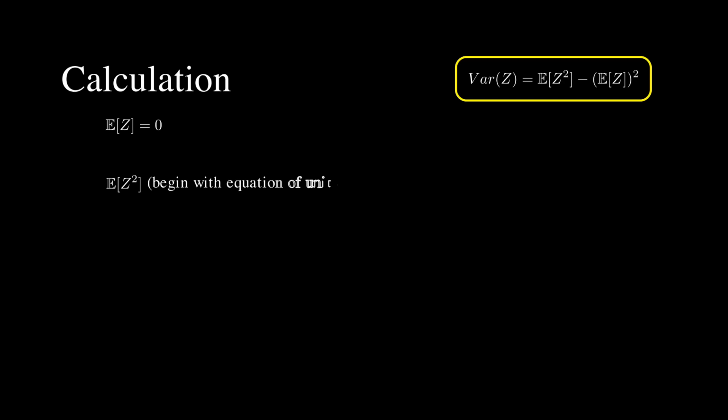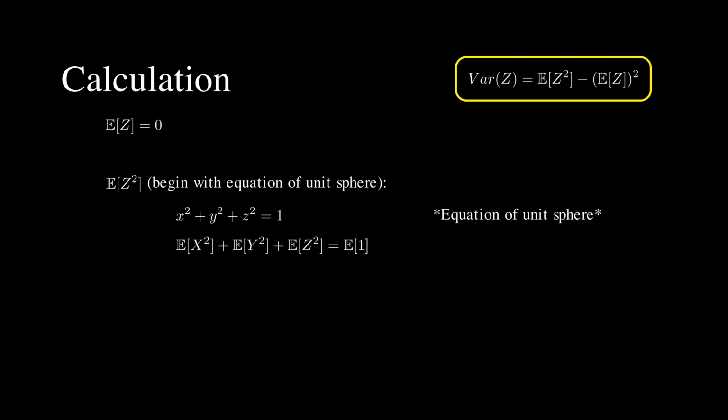Let's now compute the expectation of z squared. We begin with the equation of the unit sphere, x squared plus y squared plus z squared is equal to 1. We take the expectation of both sides.